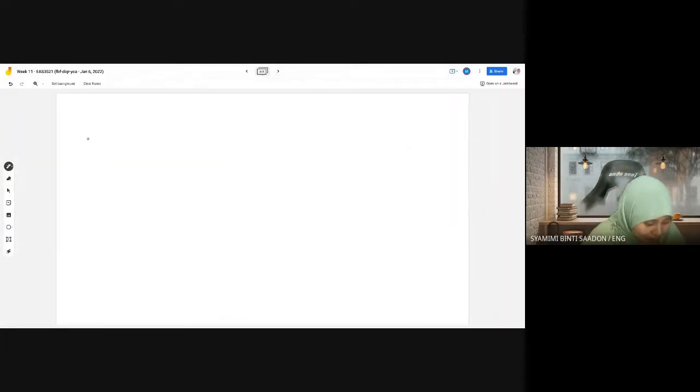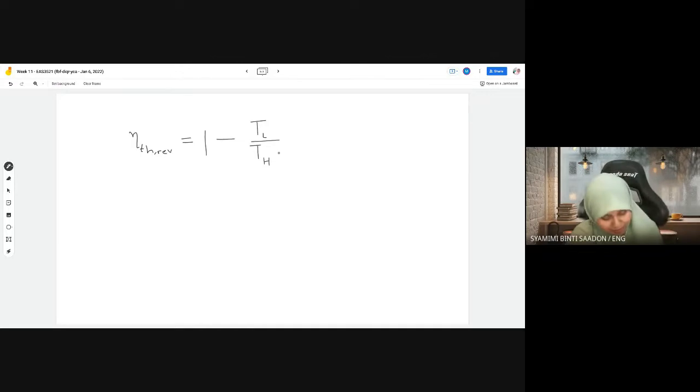So for number 3, the thermal efficiency of the reversible or Carnot engine is 1 minus... for a normal heat engine we have QL over QH, but for a Carnot heat engine we can use the temperature directly, TL over TH.